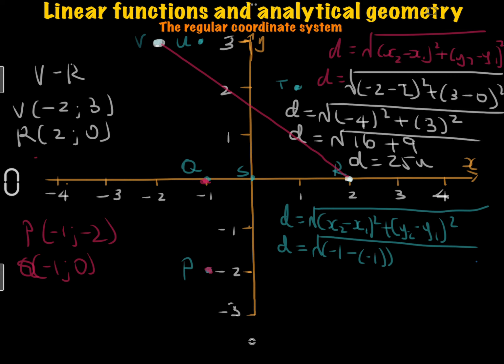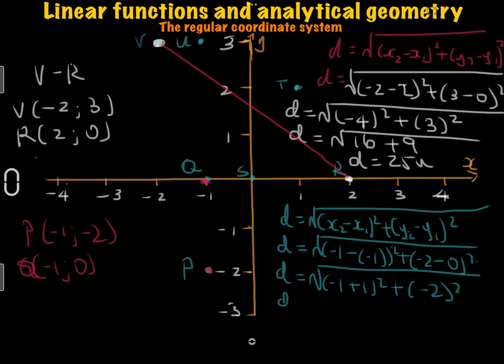We close this in a bracket, raised to the second power, plus Y is -2 minus 0, raised to the second power. D is our distance. So we now have -1 minus -1; negative times negative gives us +1, raised to the second power, plus -2 minus 0, which gives us -2.